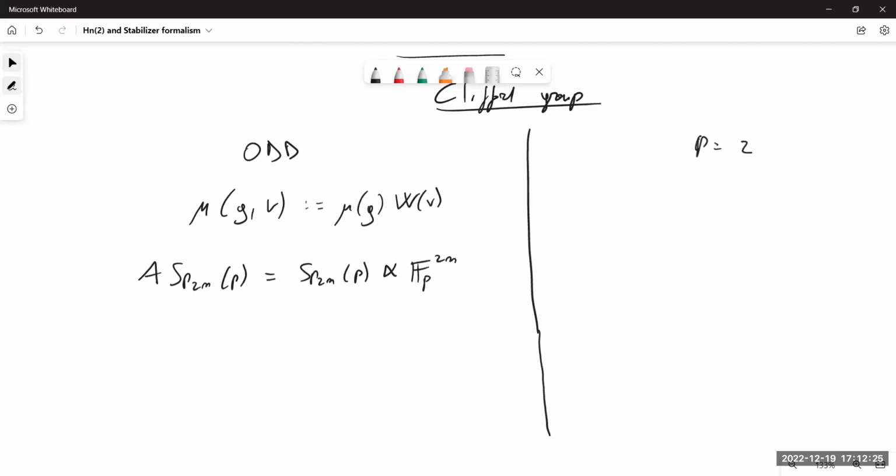And what is the Clifford group is just the image of this group. So we just say that the Clifford group in this case is mu of the affine symplectic group. Yeah, very easy.